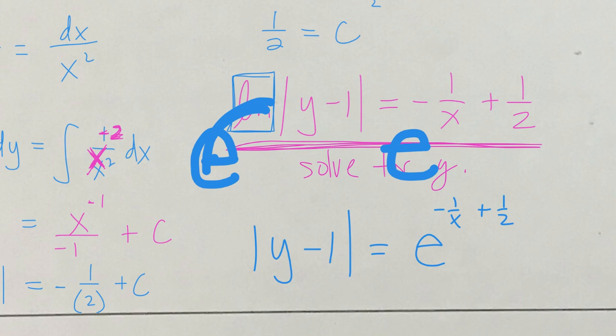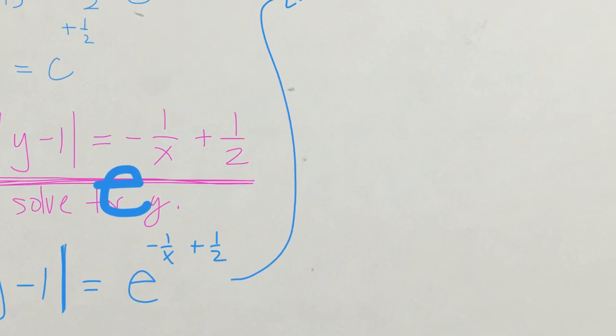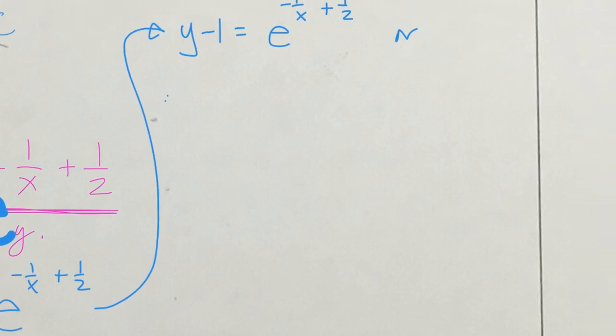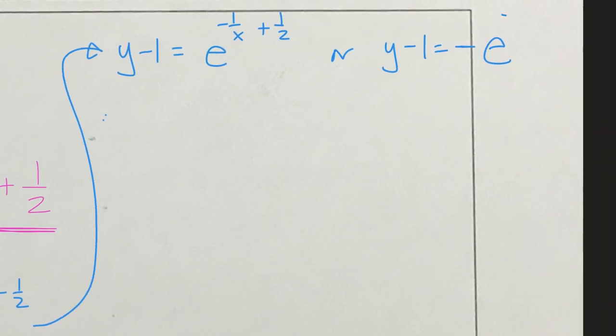Absolute values can be positive and absolute values can be negative. So we're going to figure out which one it is. We either have y minus 1 equals e to the negative 1 over x plus 1/2, or y minus 1 equals negative e to the negative 1 over x plus 1/2.